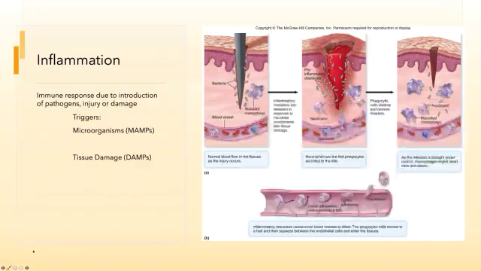We saw these when we talked about the pattern recognition receptors. So inflammation is tied to those same signaling molecules: those microorganism or microbe associated molecular patterns, or tissue damage, which would be damage associated molecular patterns.